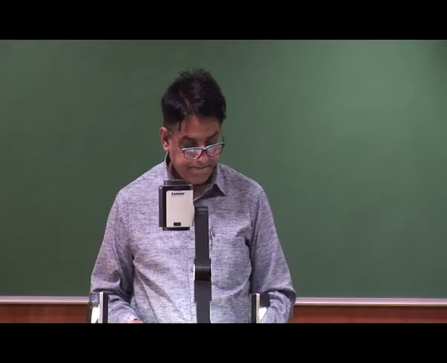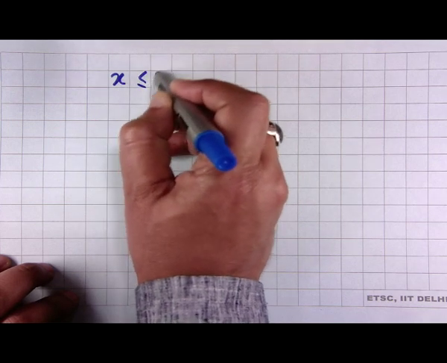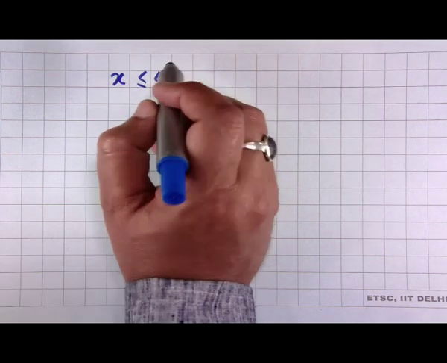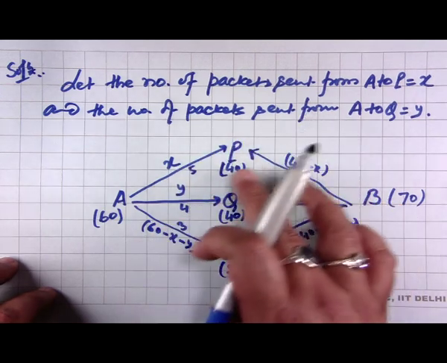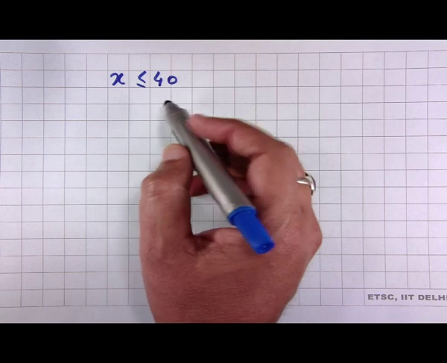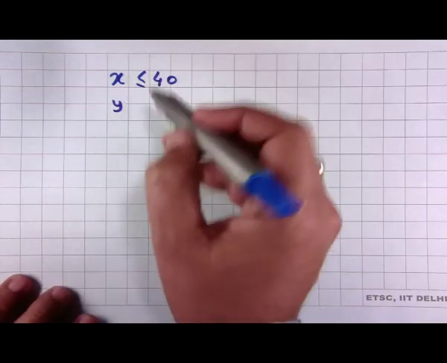Also x is less than or equal to 40, since we sent x packets from A to P and P has maximum capacity 40, and y is also less than or equal to 40.